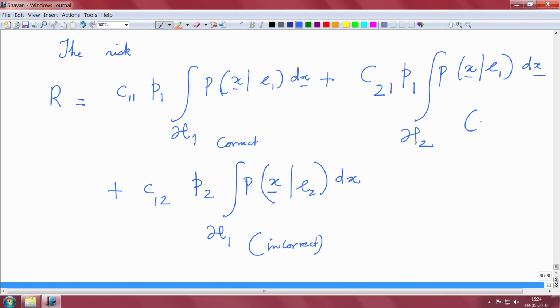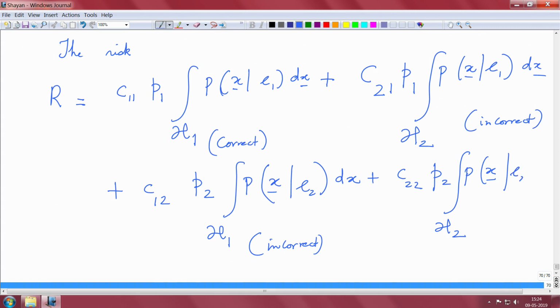Similarly, here this is incorrect and C22 is correct. I assume that the true class is 2 and it is also labeled as 2, and the priori associated with it is P2, and I integrate this over the space H2 of the conditional distribution x given C2 dx, and all of these are vectors, so I need to put a bar.